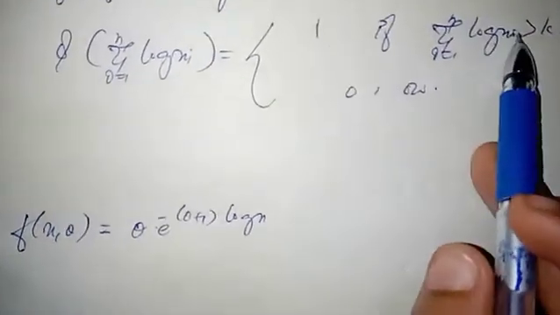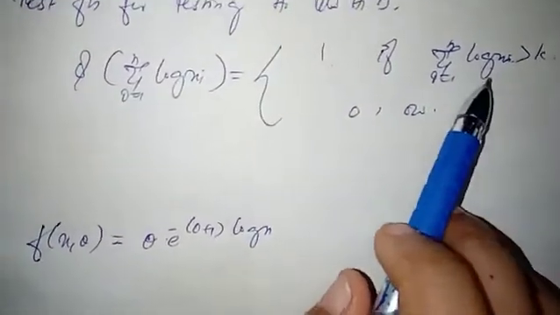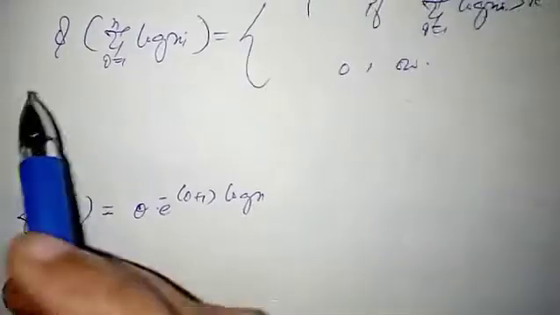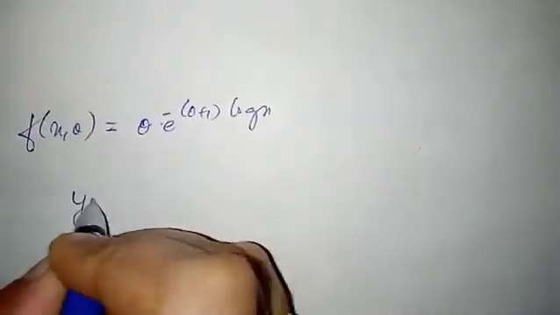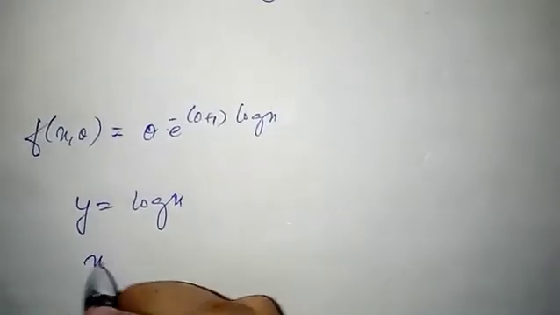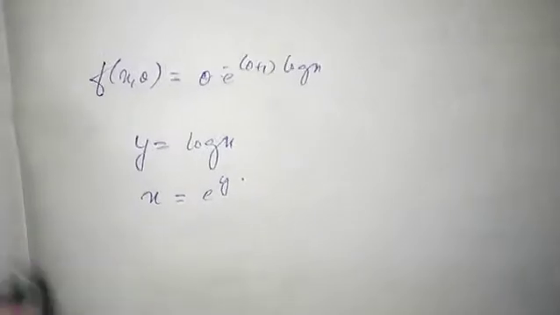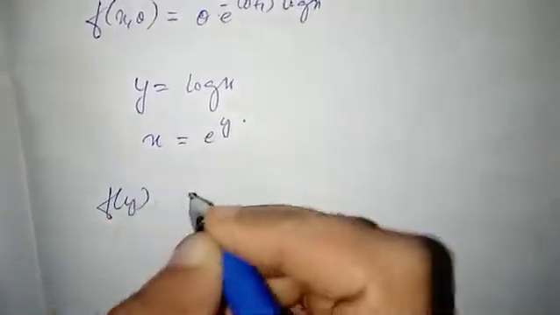So here we need to find the distribution of log xi, right? For that we will take y equal to log x, okay. Then what is x? Here it is e power y, right? So we need to find the density of y, right?